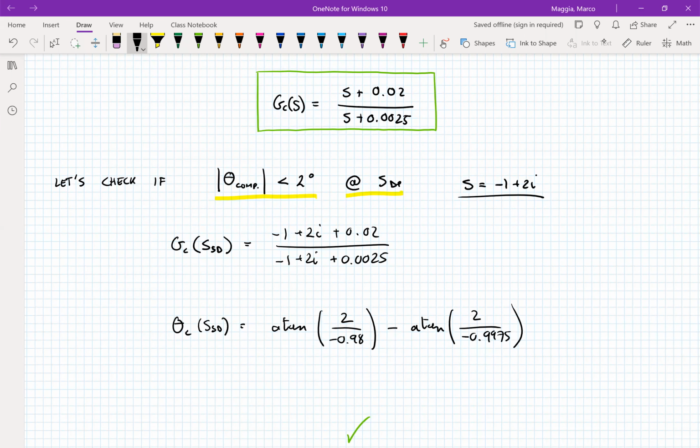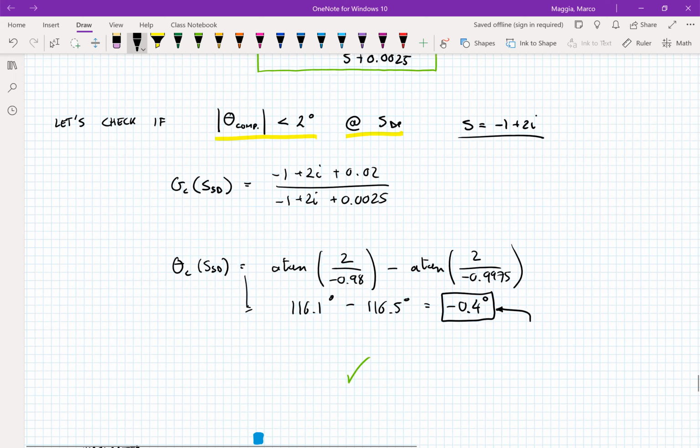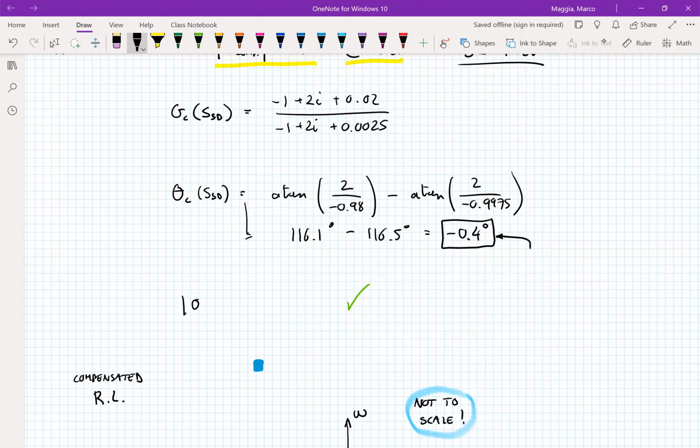If you calculate these two angles, this is going to be 116.1 degrees minus 116.5, which is -0.4. So the introduction of this lag compensator will determine a lag of 0.4 degrees. 0.4 is clearly less than 2, so it's a good lag compensator.